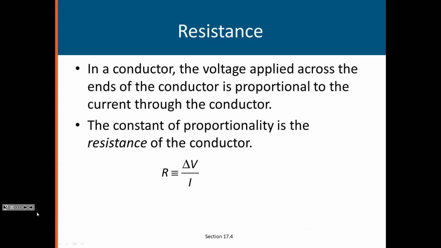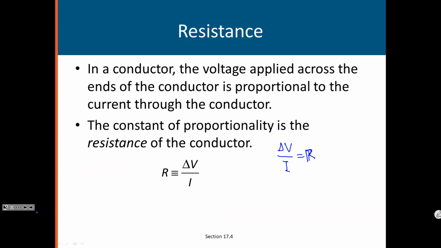He defined the resistance as the voltage applied across the element divided by the current through it. This is the definition of the resistance of a material to which I apply a potential difference delta V, and I measure the current.